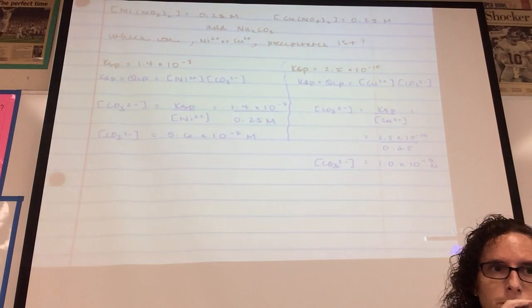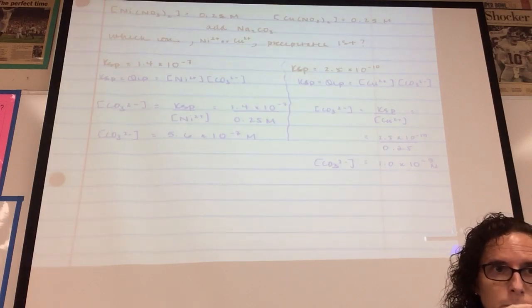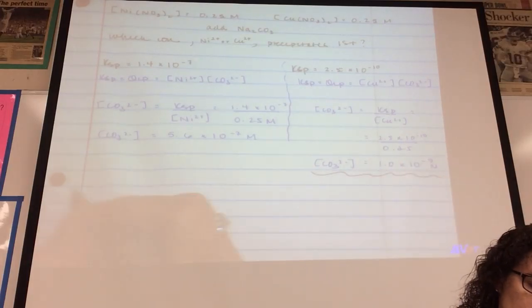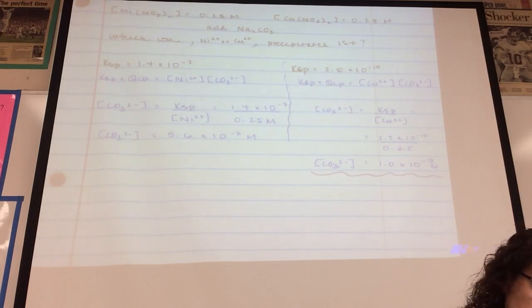Compare them to see which one is smaller. So what's smaller? So which ion precipitates out first? Copper. Mm-hmm.